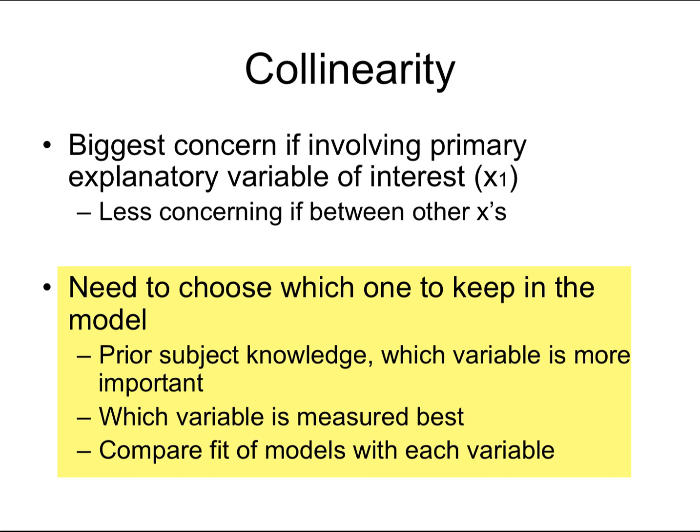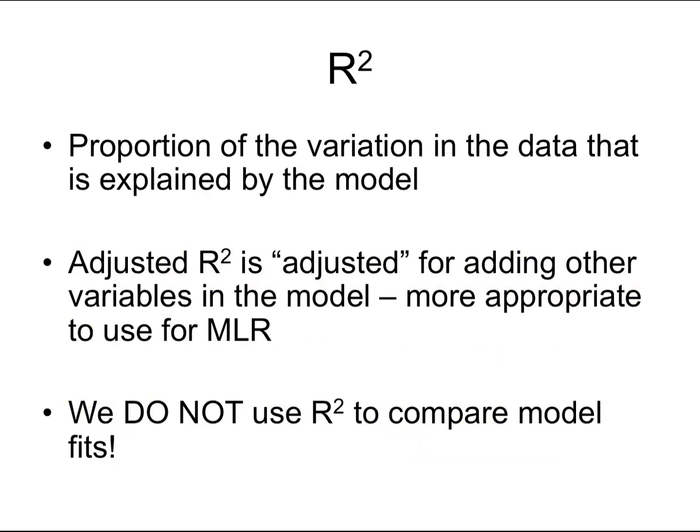So let's talk a bit about assessing model fit. As we talked about last week, the R-squared is the proportion of the variation in the data that is explained by the model. In your multiple linear regression output, you'll see an adjusted R-squared. This takes into account the number of explanatory variables in your model.